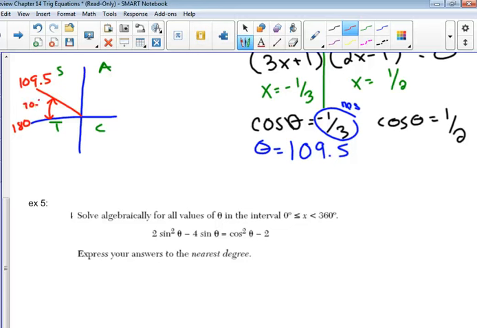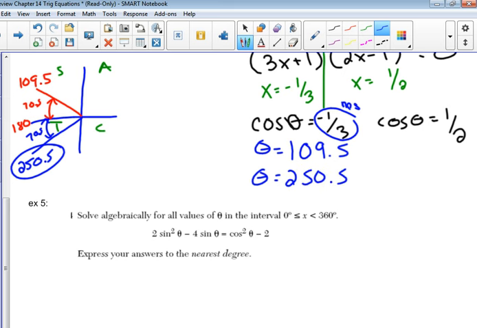This reference angle is not an answer, but it's going to help us move into our quadrant. So now let's add 70.5 to 180. 250.5. Perfect. So I'm going to add that to my answer. 250.5.